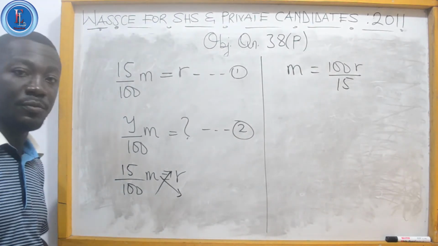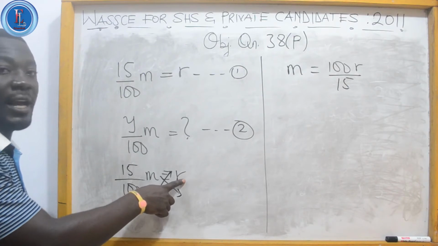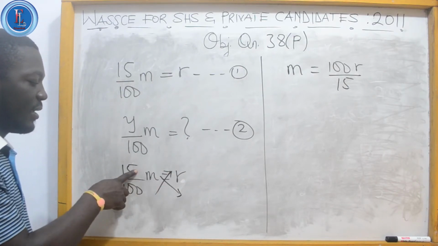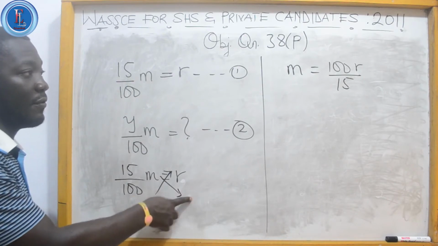We did a cross multiplication, so 100 multiplied by the r, and the 15 will come down and multiply whatever we have over here, which is 1.